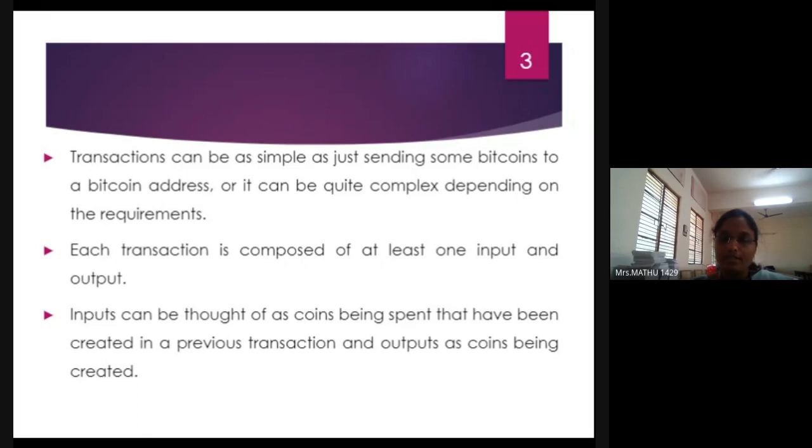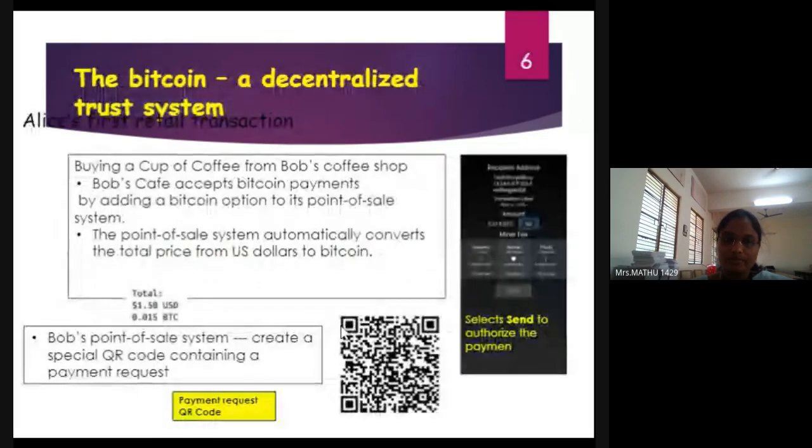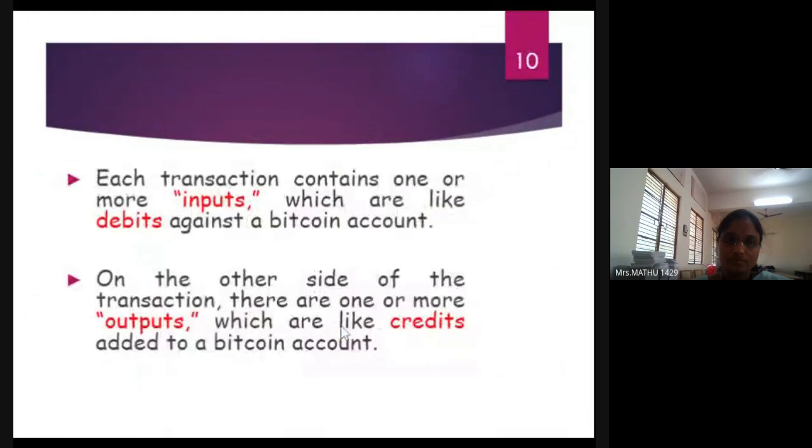In every transaction, there will be at least one input and one output. We will see what that input is and what that output is. Input is basically like debiting against a Bitcoin account. It can be called the spent money, the spent amount.